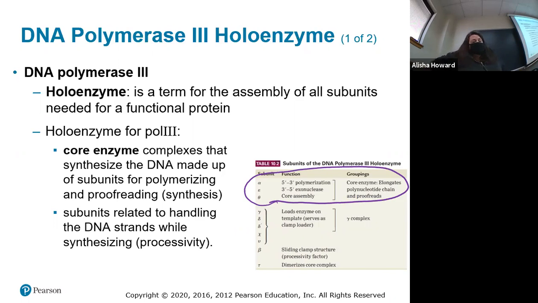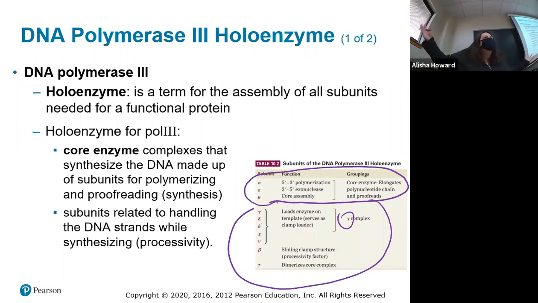Anyway, so subunits related to handling the DNA strands while synthesizing are down here. And that will have the gamma complex that has like how you help load the DNA into the polymerase. Like it's not just like, oh, here's a template strand and the core enzyme sits there and everything's happy.